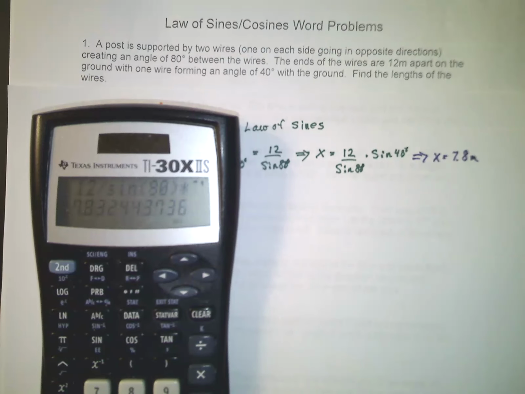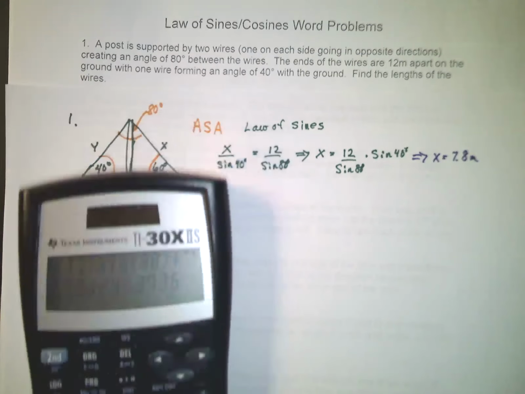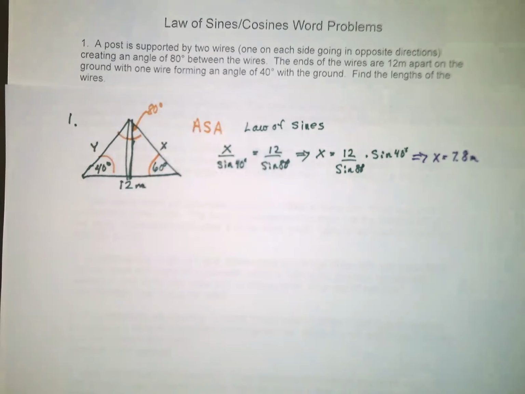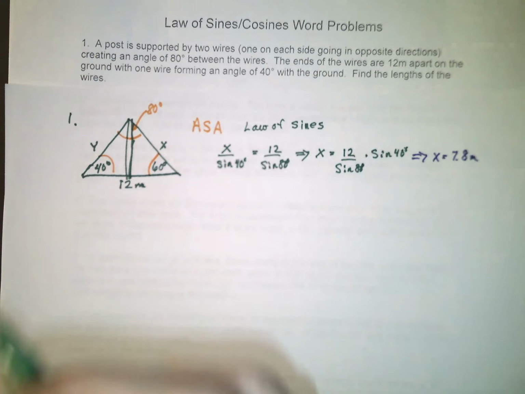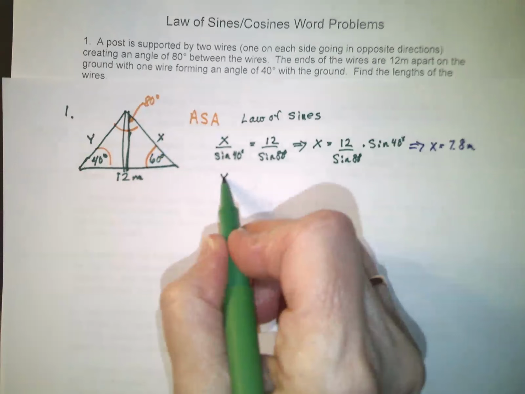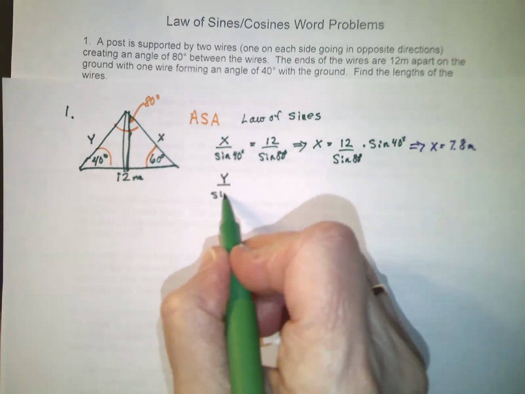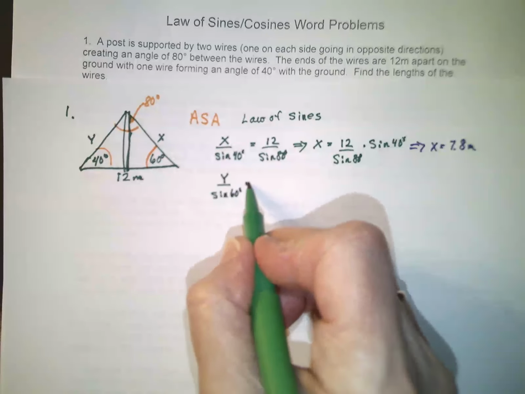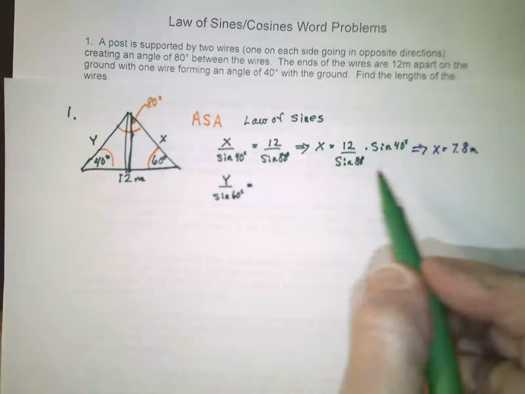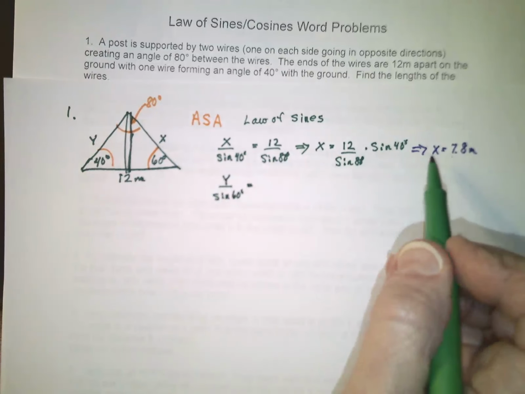But that only gives us X. We have to continue, find out who Y is, which is going to be a very similar setup. It's going to be Y over the sine of 60 has got to equal. I'm not going to go with a 7.8 because that's a rounded off answer.